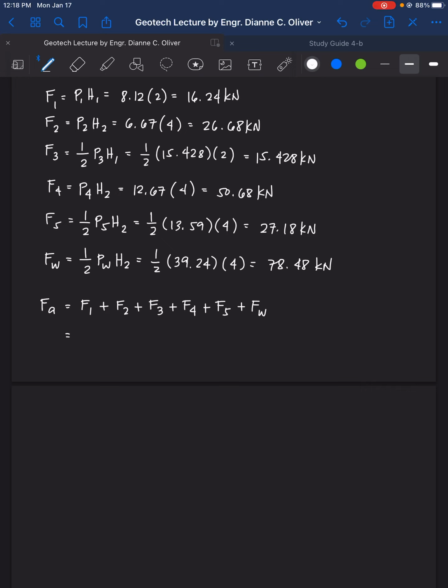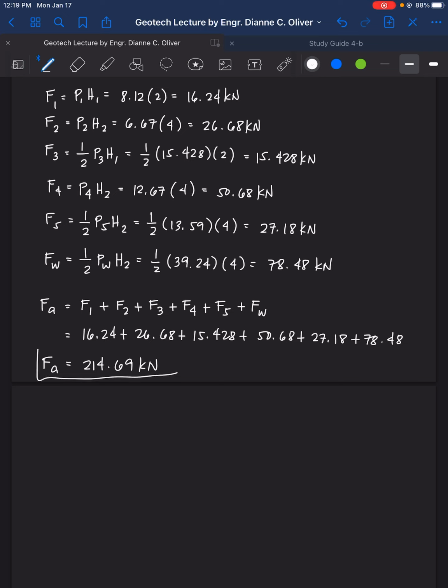That is equal to 16.24 plus 26.68 plus 15.428 plus 50.68 plus 27.18 plus 78.48, and F active now is equal to 214.69 kilonewton.